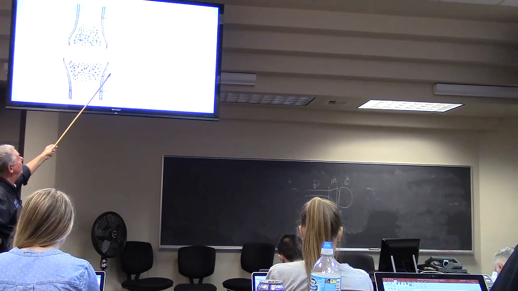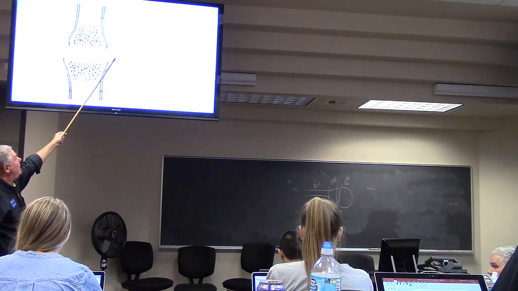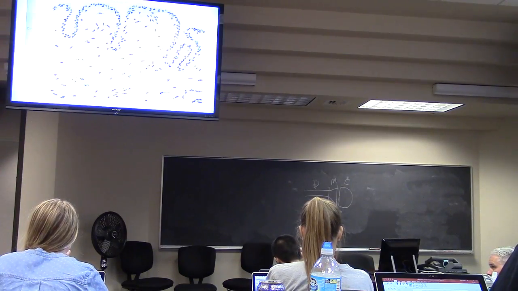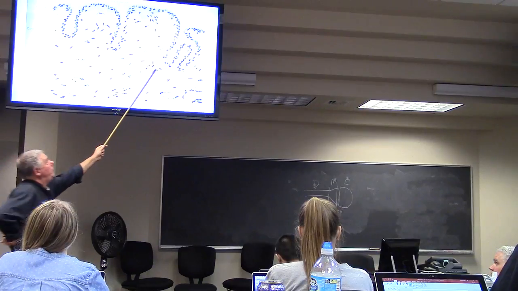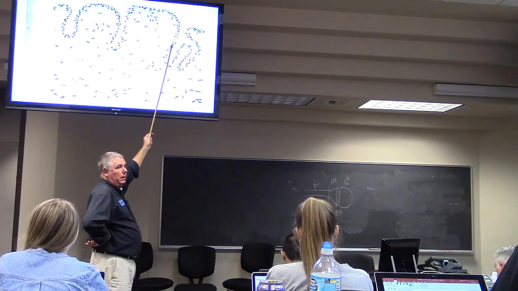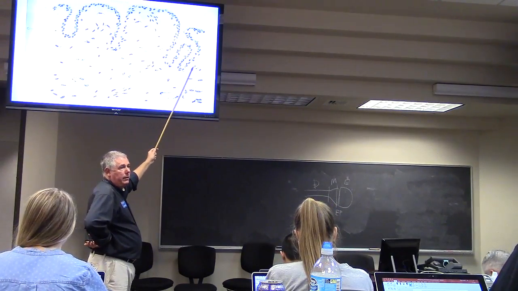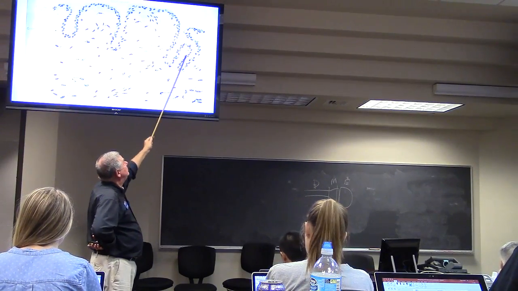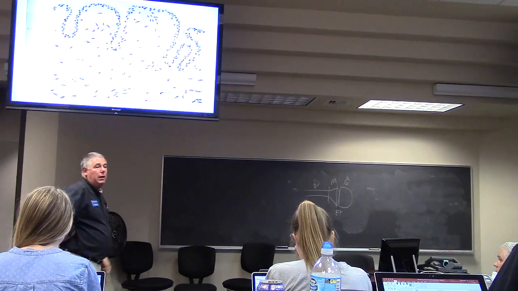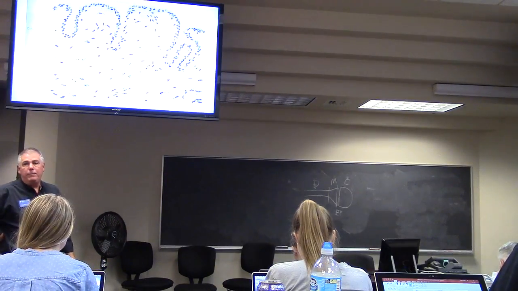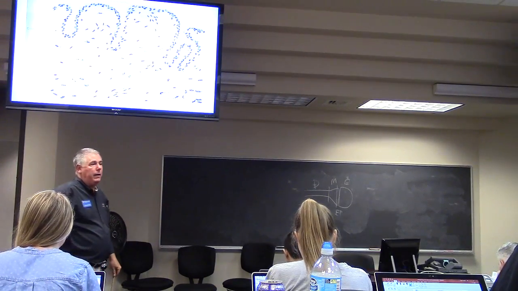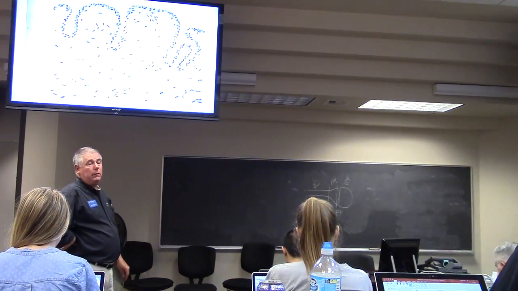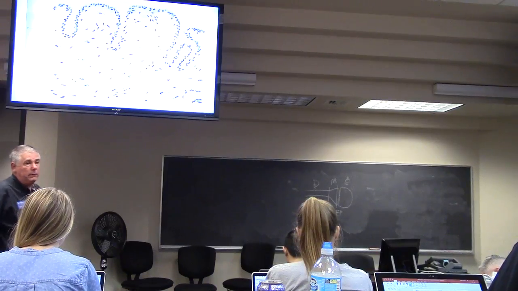The innermost layer contains a membrane, the synovial membrane. It's only 2 or 3 cells thick. So this is the capsule here, and that's the synovial membrane. This produces the fluid that, again, is high in hyaluronic acid and chondroitin sulfate.